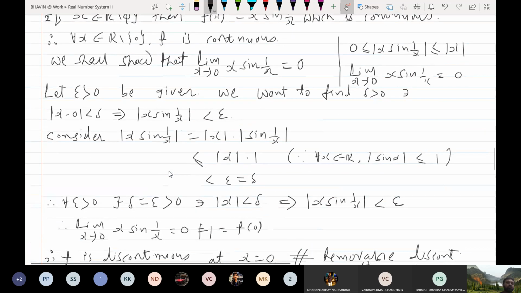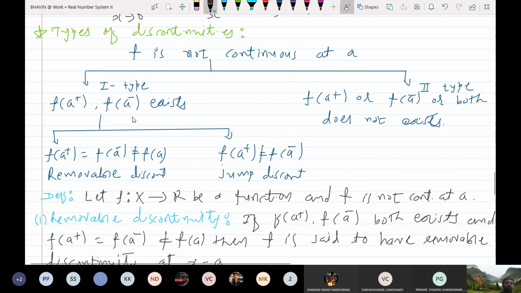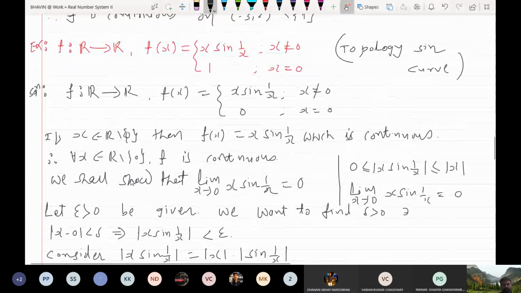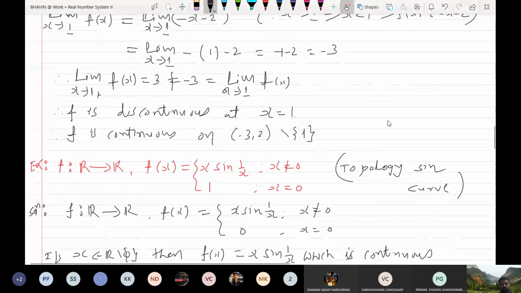So it is jump discontinuity, first kind. First type, if both exist. If they are different, then jump type. So here you can see that it is jump and of first kind. Clear?